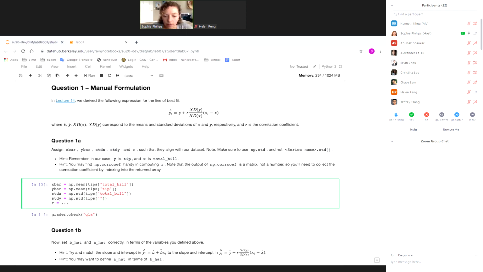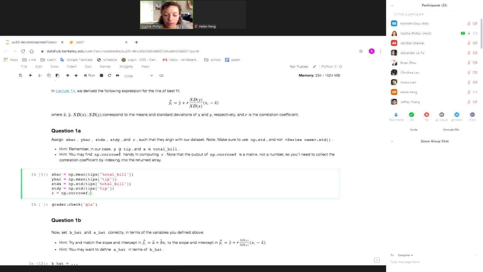And then for the correlation coefficient, the hint tells us to use np.corrcoef. So let's see what that is. We can also look up the docs for that, but it takes in two arguments.